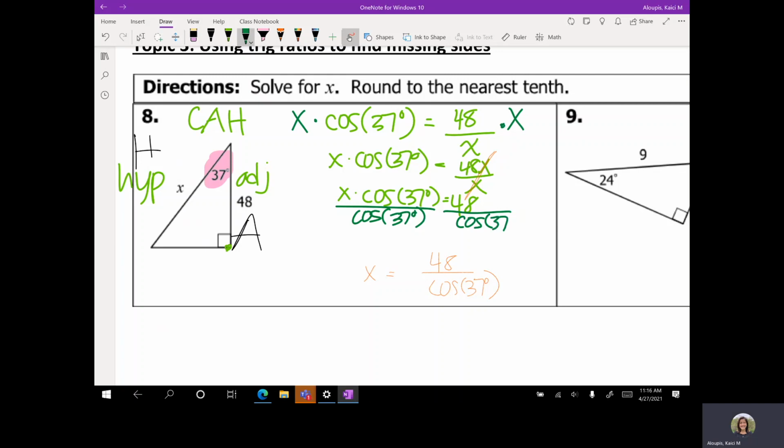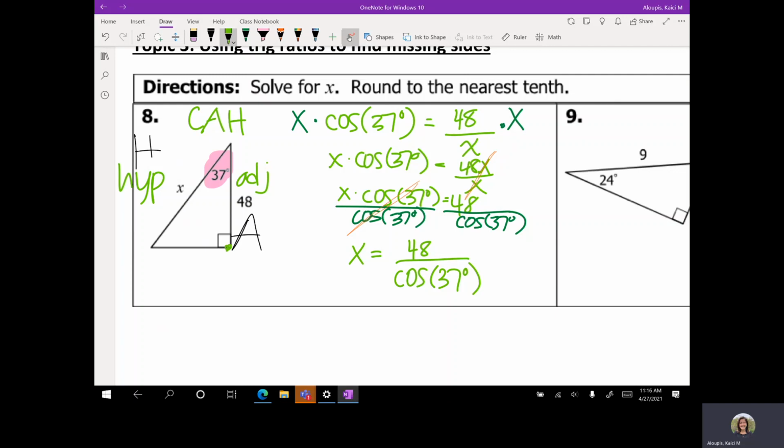I'm going to divide both sides by cosine 37, as the rules of algebra say. This cosine 37 over this cosine 37 cancel out. So what we get left is just x is equal to 48 divided by cosine 37. I'll rewrite that like this: x is equal to 48 divided by cosine 37 degrees.